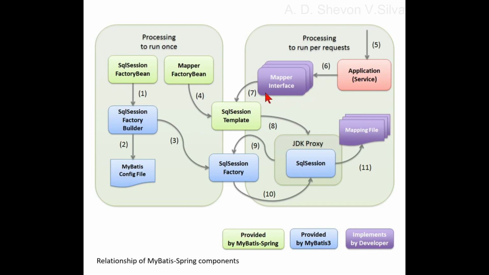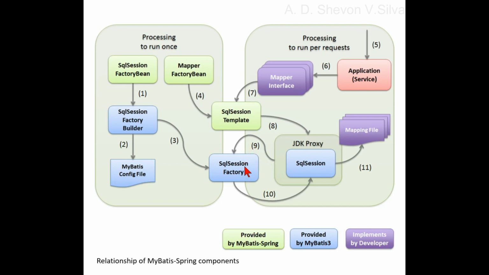Seven, mapper object calls the SQL session template method corresponding to the called method. Eight, SQL session template calls the proxy enabled and thread safe session method. Nine, proxy enabled and thread safe session uses the MyBatis-3 standard SQL session assigned to the transaction.